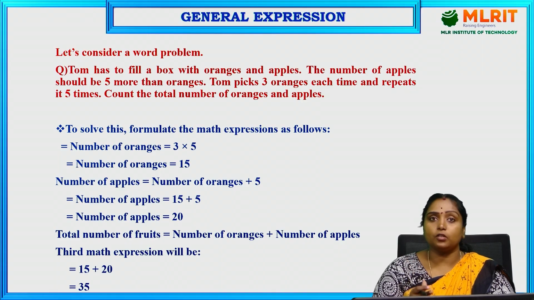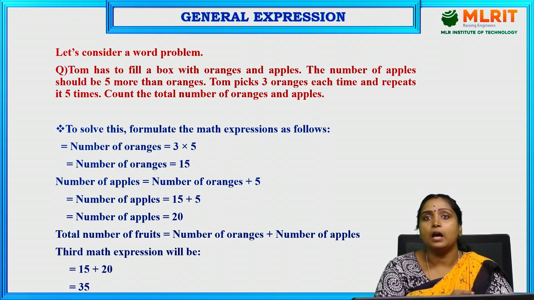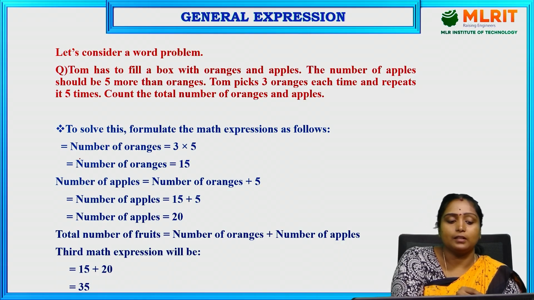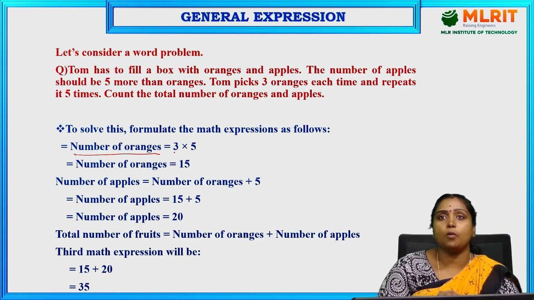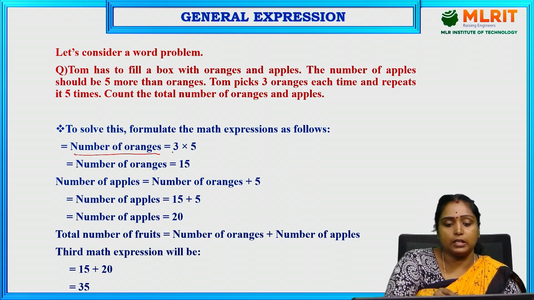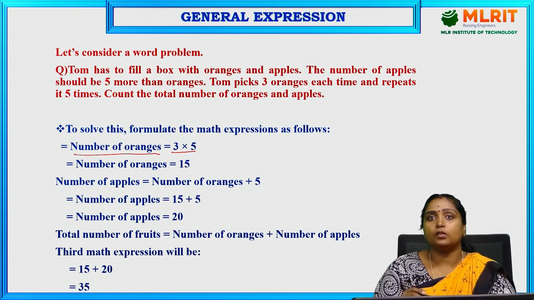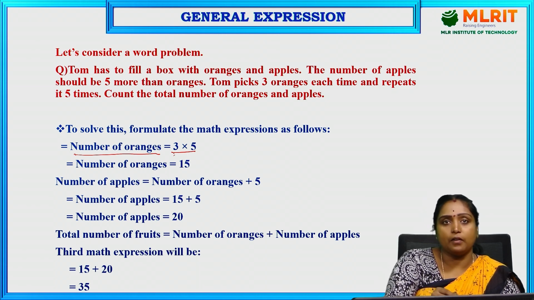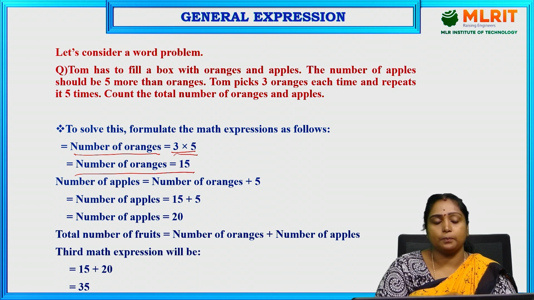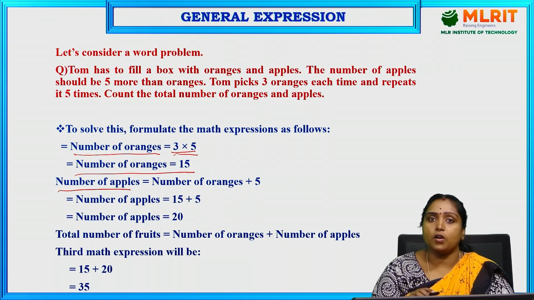In order to solve this, we have to formulate it with mathematical expressions. First, the number of oranges: each time he was picking 3, and he repeats 5 times, so 3 into 5, which is 15 oranges. Then the number of apples is the number of oranges plus 5.